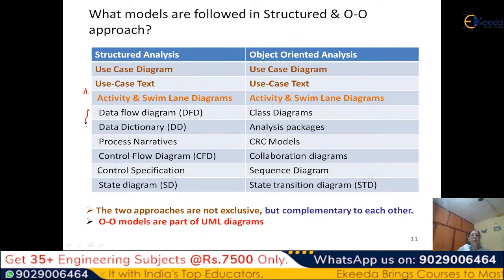This part is different because here you have the data flow, the information flow, process narratives, and here you have the class-based approach. Then you will have a control specification, all control information will come here, and here you will have the sequence diagrams. Some of the behavioral diagrams will come here, and the similar behavioral diagrams here are control specification and state diagrams.